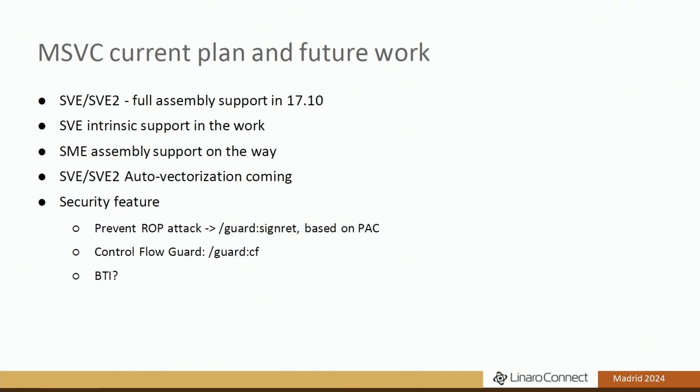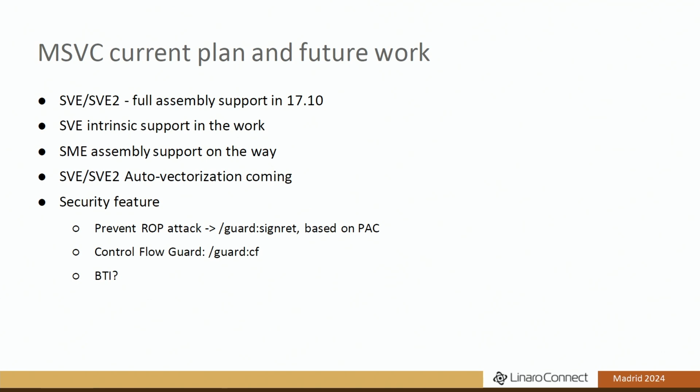And for the security features, MSVC has done a great job already. They prevent ROP attacks using a pointer authentication method, and also some control flow guard to prevent memory corruption.